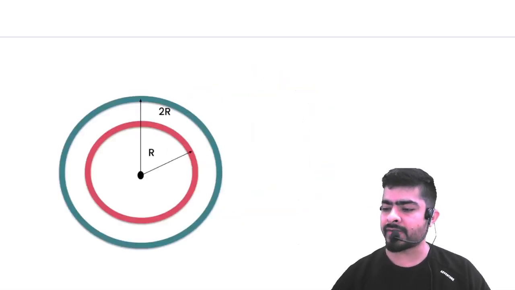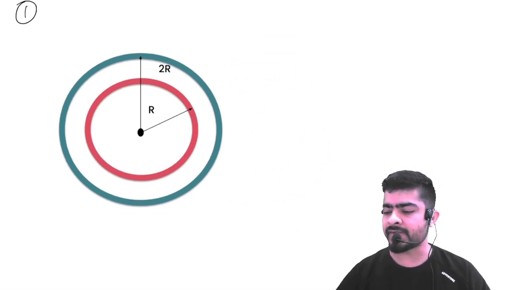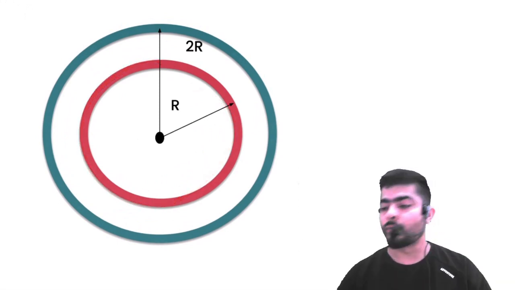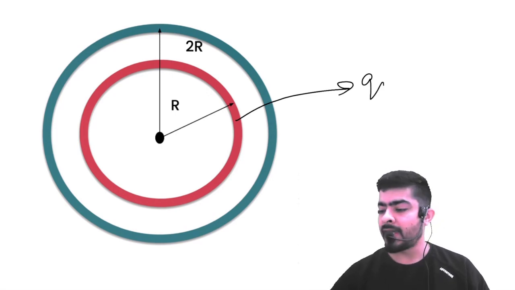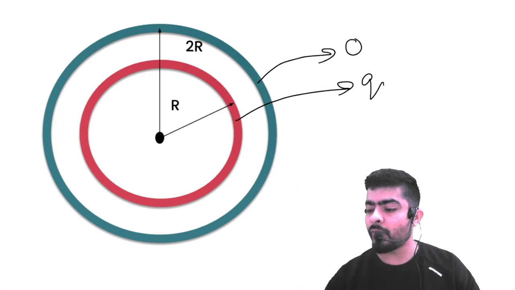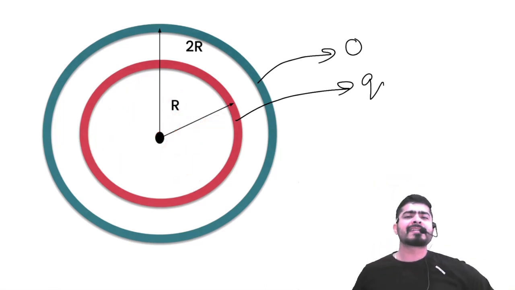So my first question says that for the spherical conductor, the inner sphere has charge q. Total charge of the inner sphere is q. And total charge of this sphere is how much? 0. So first of all, over here inside this cavity there is nothing present.